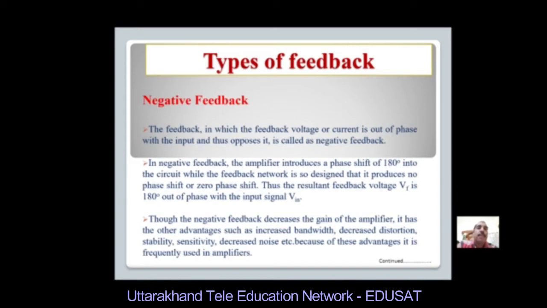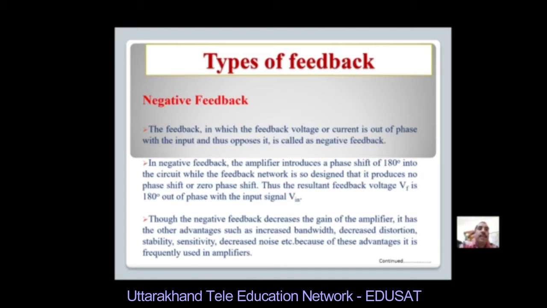Now, in case of negative feedback, the feedback voltage is out of phase with the input. The phase difference is 180 degree between the feedback voltage and the input voltage. Thus, the feedback voltage opposes the input voltage, hence called negative feedback.